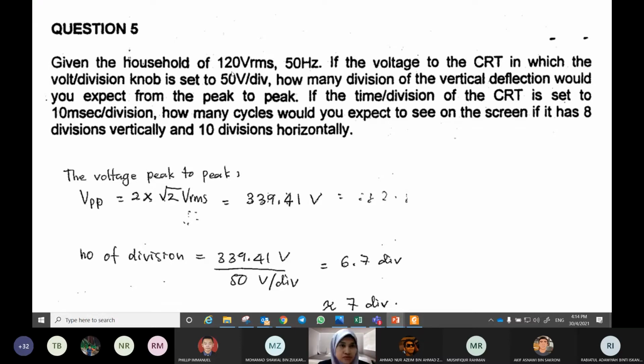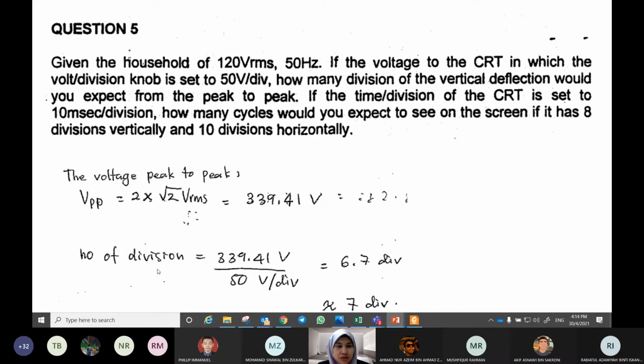How many boxes are there vertically? We know that V is equal to 120 VRMS, so you have to convert it to peak or peak to peak. So let's find peak to peak. V peak to peak is equal to root 2 times V RMS, times 2 because of peak to peak, and we get 339.41 volts. This is the magnitude of the peak to peak voltage. But this question is to find how many divisions on the screen for vertical deflection.